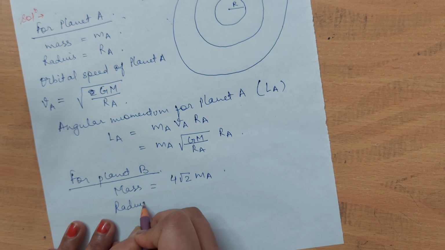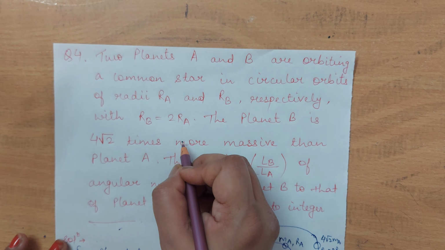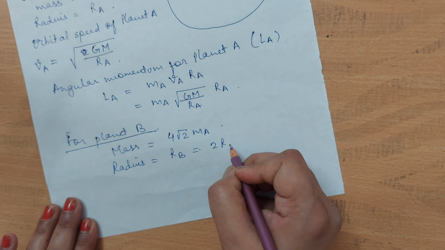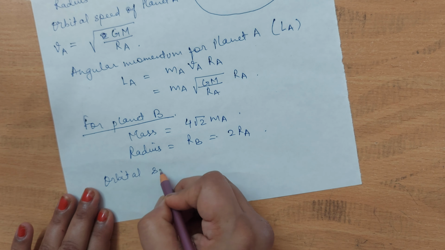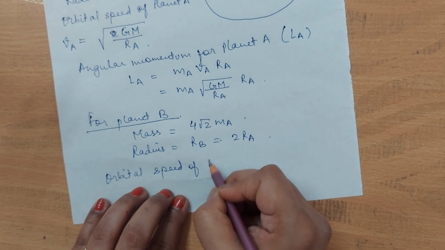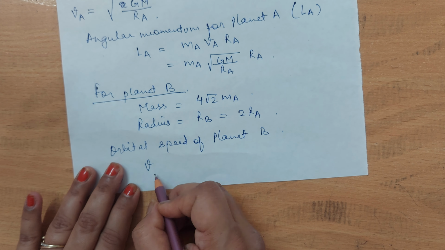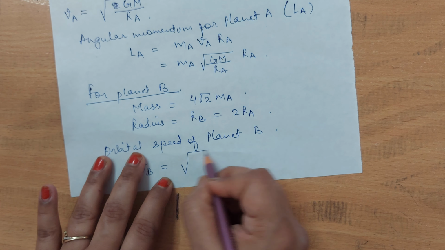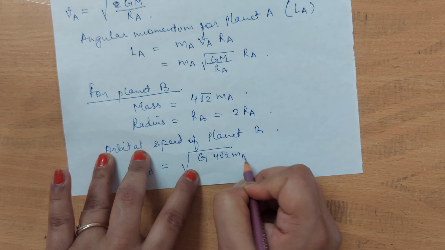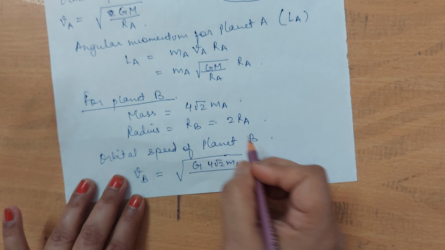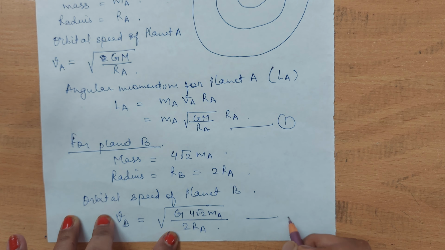Radius of planet B, Rb, is equal to 2Ra, given in the question, and the orbital speed of planet B, if we represent it by Vb, is equal to root under GM divided by the radius 2Ra. So this is equation 1, this is equation 2.